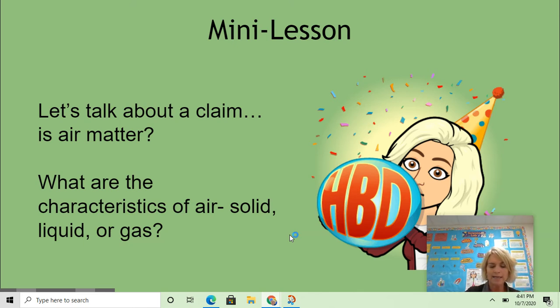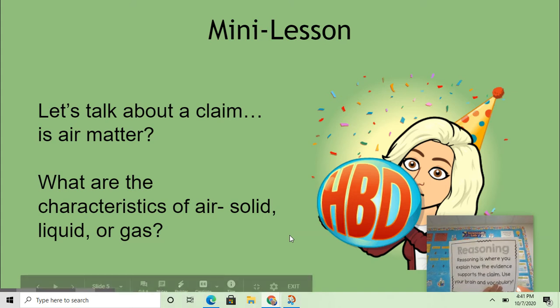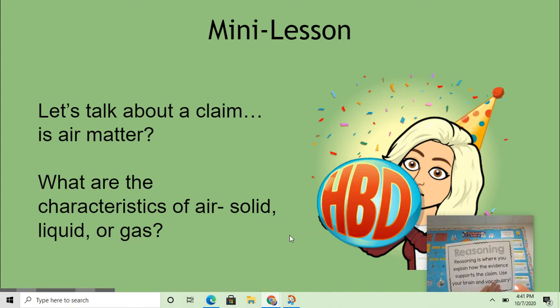So our reasoning is, how do I explain this as a scientist? So when I'm talking about reasoning, the R part, reasoning is where you explain how the evidence supports the claim. Use your brain and vocabulary. So what I can say is that there are 3 states of matter: solid, liquid, gas.